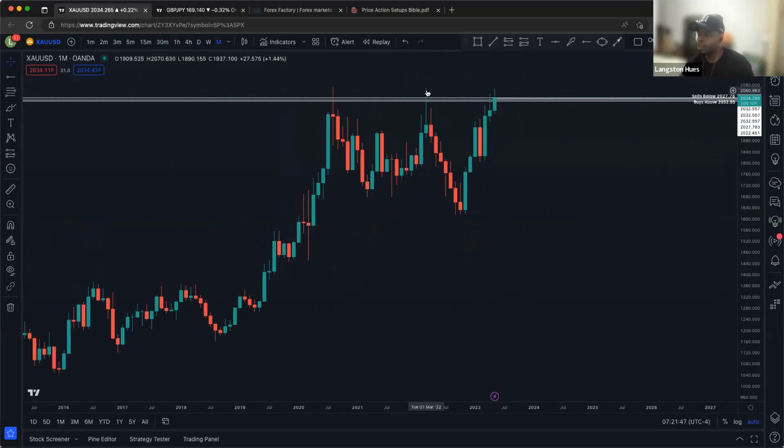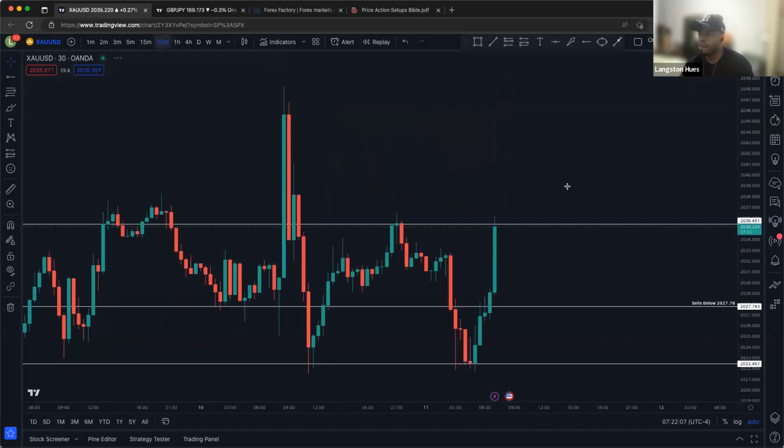This one is March 2022, that was Russia invading Ukraine. And this one is all-time high inflation on the US dollar. It could soar if something happens in the news, maybe China invades Taiwan or something crazy, right? But this level right here has been respected, so it could just drop again.